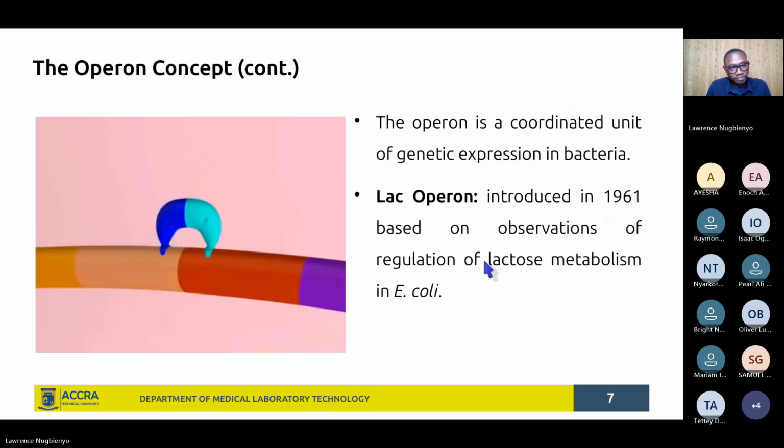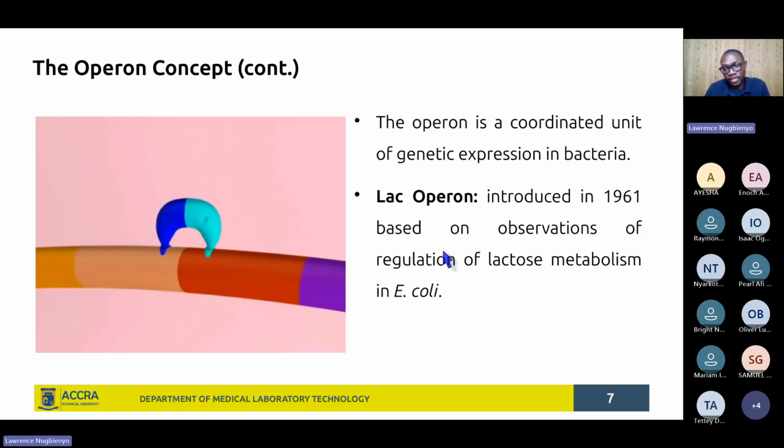So the operon concept just refers to the fact that you have bacteria, nucleic acid in the form of a plasmid. So it's a circular structure. And that plasmid, that circular structure, has portions of it that are coding for different proteins.